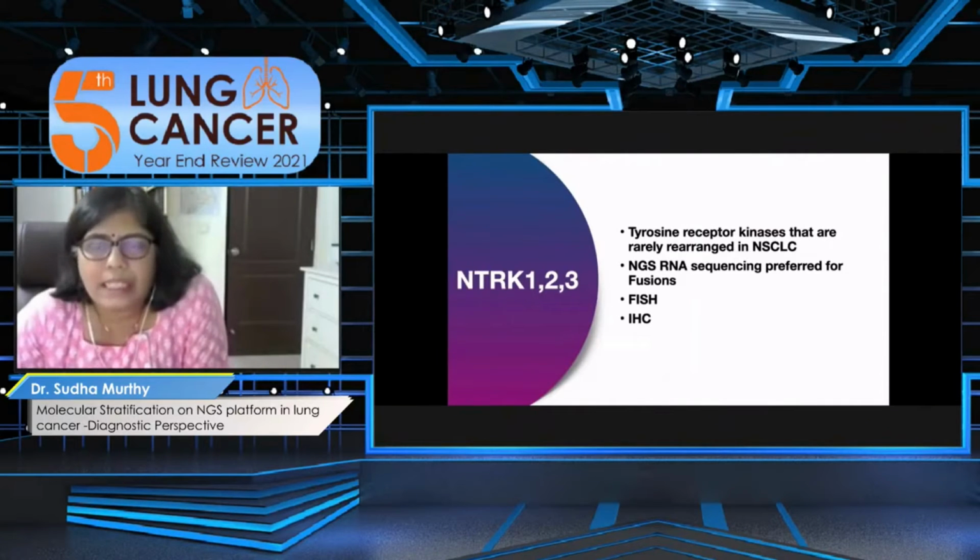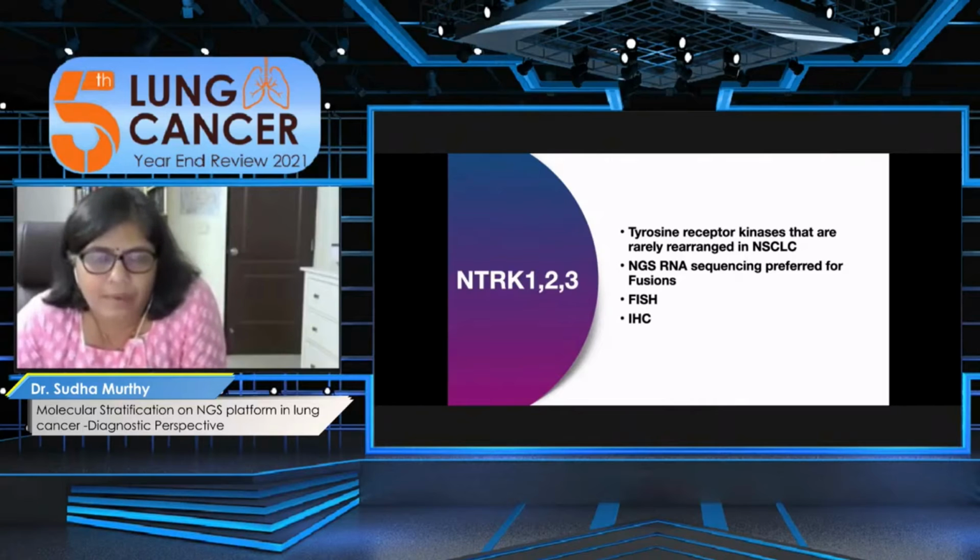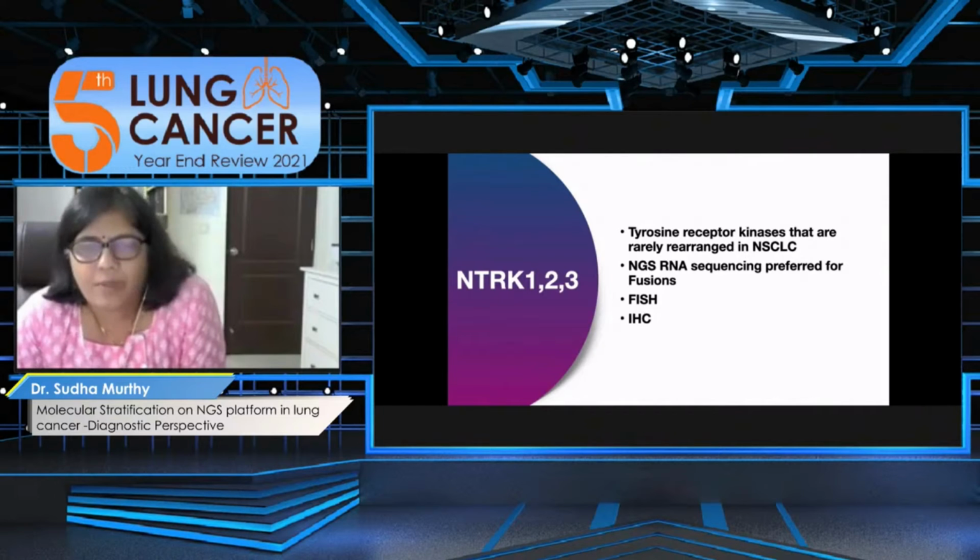NTRK1 was also a recent entrant. These are tyrosine receptor kinases that are rarely rearranged in NSCLC, but they are very important because again they have targets. Larotrectinib is a good targeted drug for NSCLCs harboring NTRK1, 2, 3. What is recommended, of course, is RNA sequencing if you have NGS.